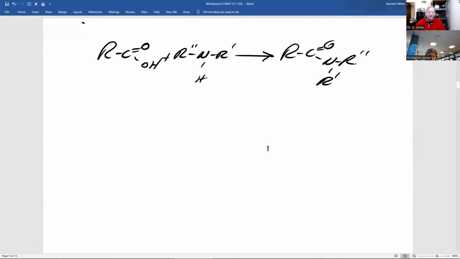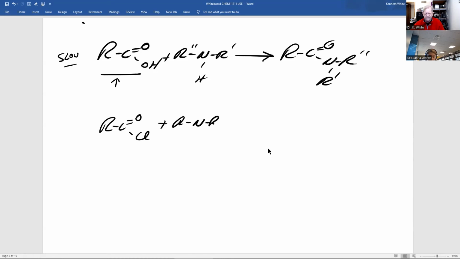Now, when you make it in a plant or what we would do in the lab, this is slow. And sometimes you have to heat it up or do other things to catalyze it. Now, there's a derivative, something made from a carboxylic acid called an acid chloride. And this reacts just the same way as a carboxylic acid, but it's much more reactive.